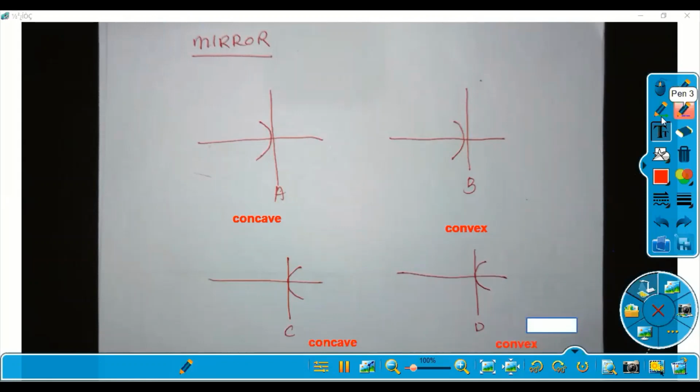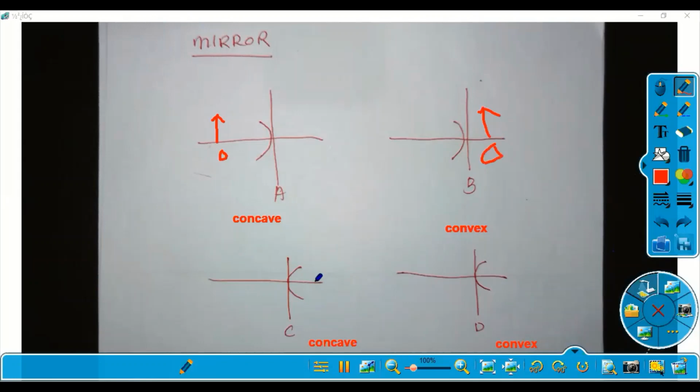The important thing is that if this one is a concave mirror, the object must be at this side. If this is a convex mirror, the object will be at the right side.